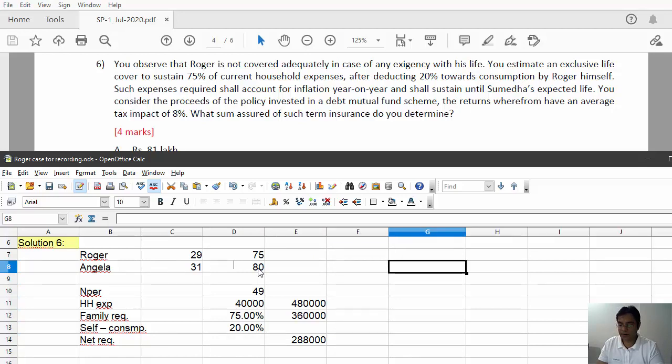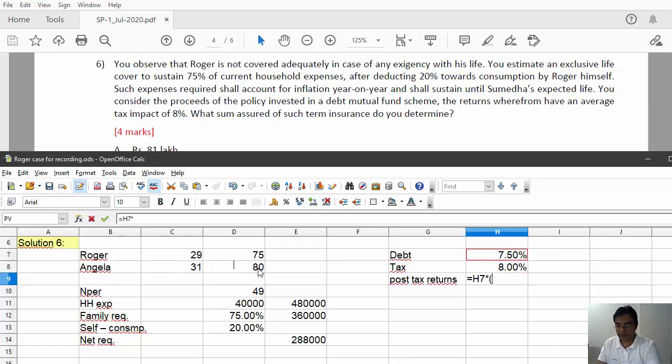Now let me take the returns for debt. It is 7.5%. The tax rate given, the tax applicable, is 8%. So the post-tax returns will be 7.5 multiplied by 1 minus 8%, and it comes to 6.9%.